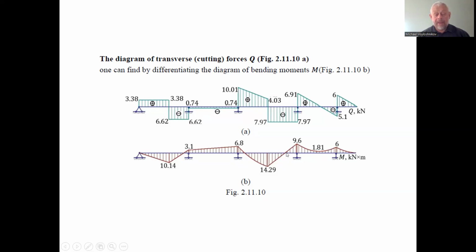So for the 14.29 minus 9.6, we can find the sum of the two sizes of these two legs, and we can divide by the extent to the center of span number 3.